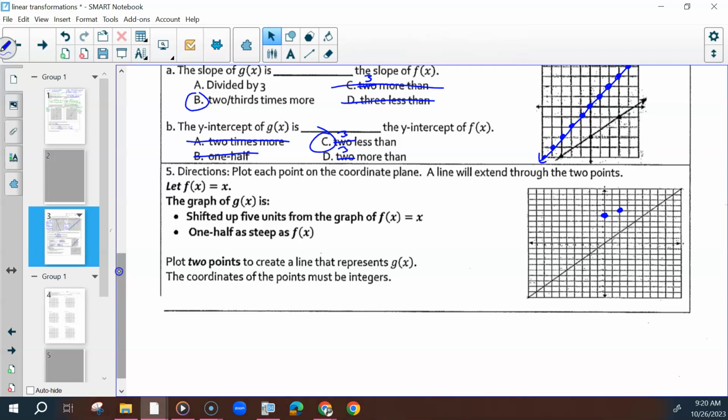Do we have any questions on anything we've done so far? So I'm going to give you options to practice. You can either work on your delta math and linear transformations, that's due tomorrow.